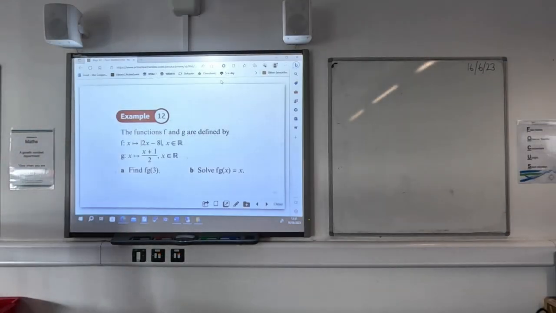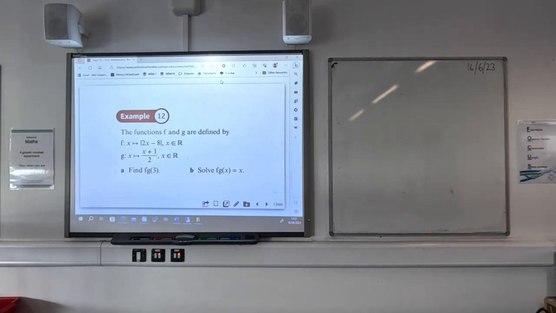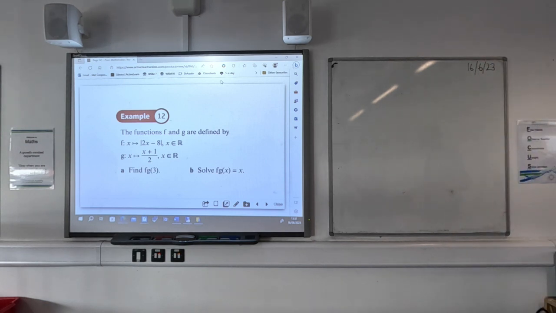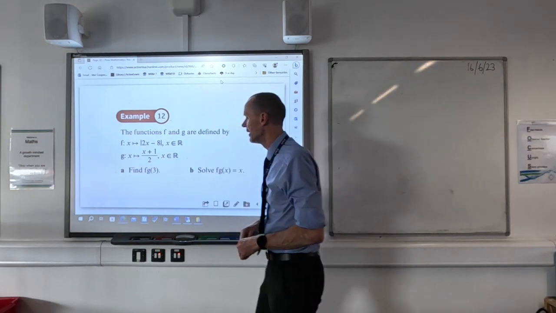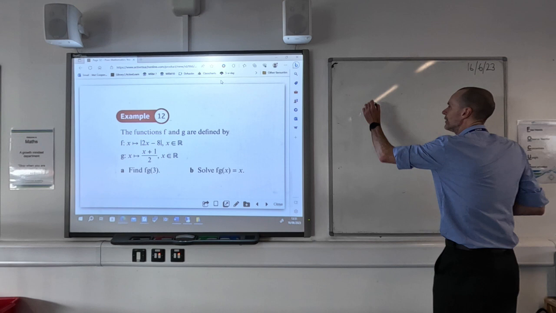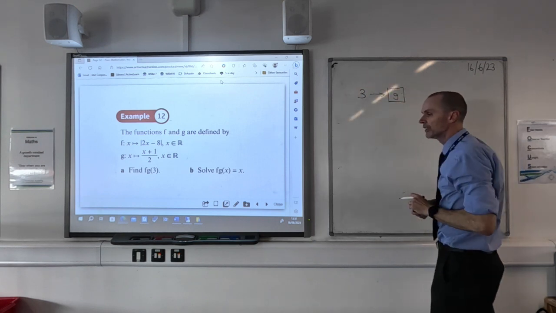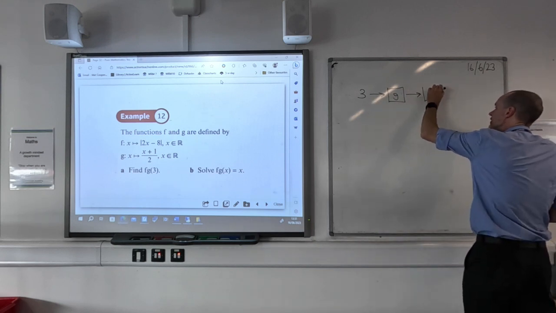Okie dokie. So we yesterday went through 2 composite function examples, and here's a third. So with a couple of exceptions, I'm hoping that you got your notes from yesterday and you can remember that this notation here means we're going to take 3 and put it into the function g first, and then whatever comes out of that is the number that we put into the function f.